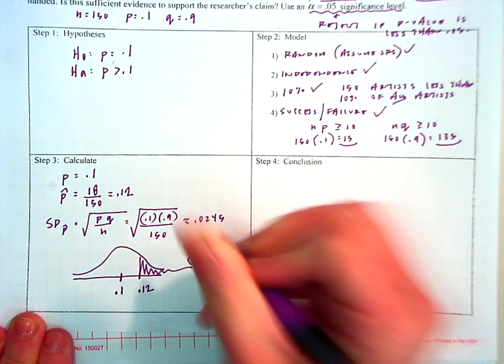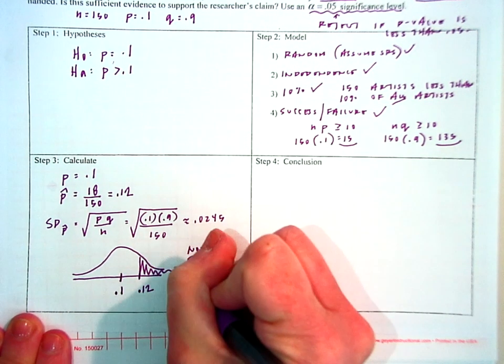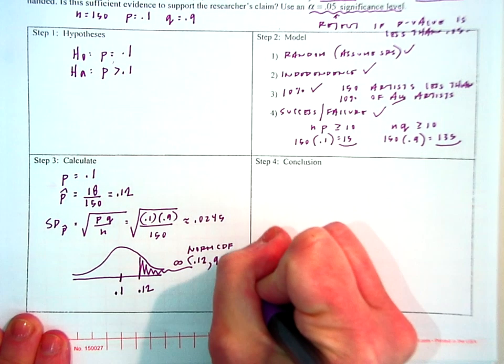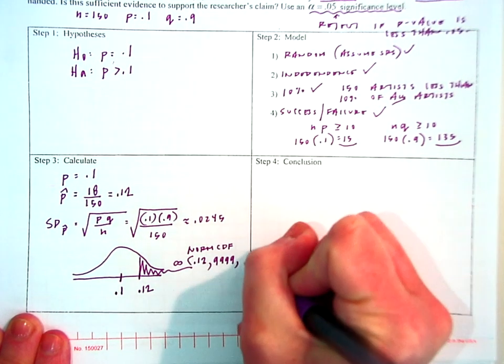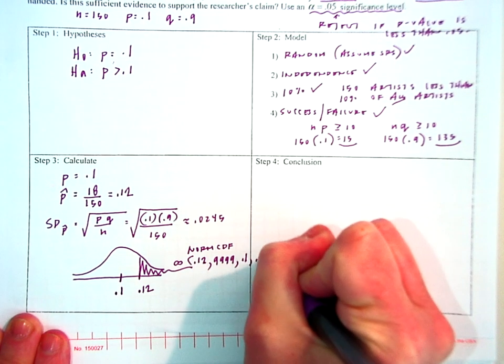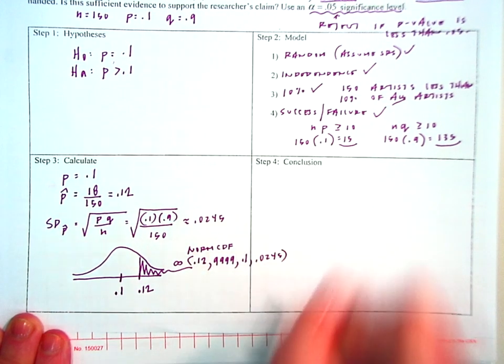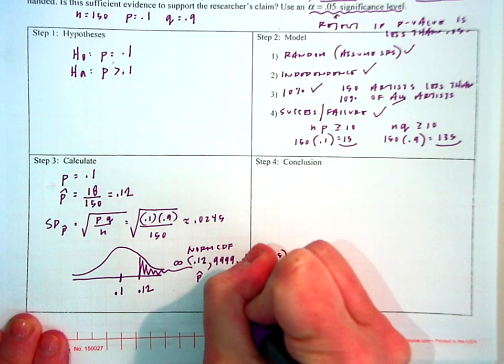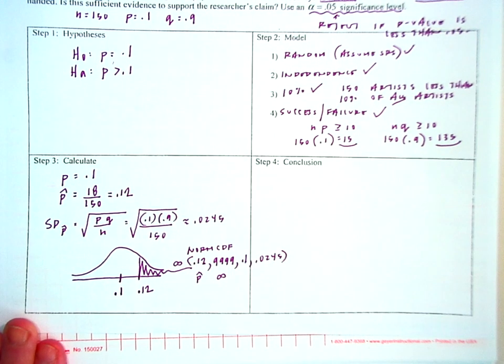0.12, comma, to infinity, right? So my placeholder for infinity, I'll use 9,999. And then my mean and my standard deviation. So again, I have my lower boundary, my statistic, to infinity, because it's an upper tail test, a right-tailed test.